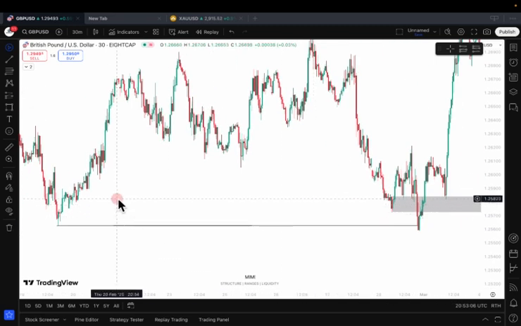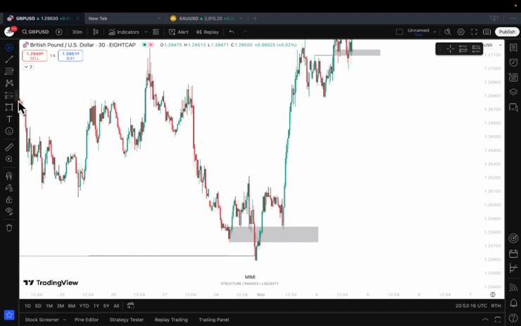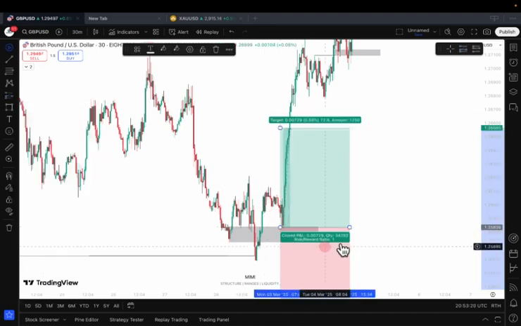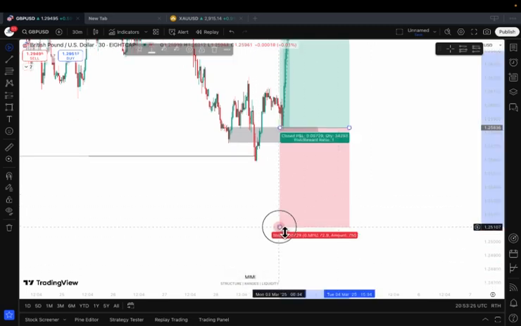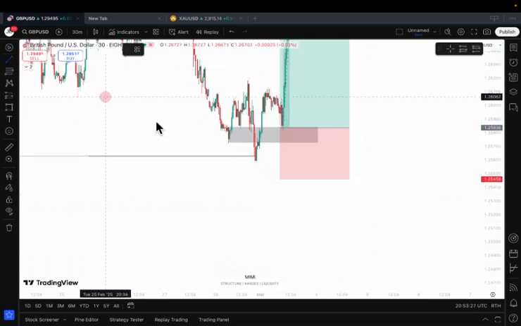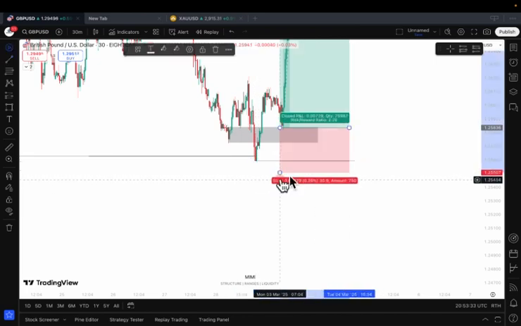After it has taken it out like this, and then probably reclaimed it, it may go down to this point, but your SL still has to be below this, because that's your protected low.